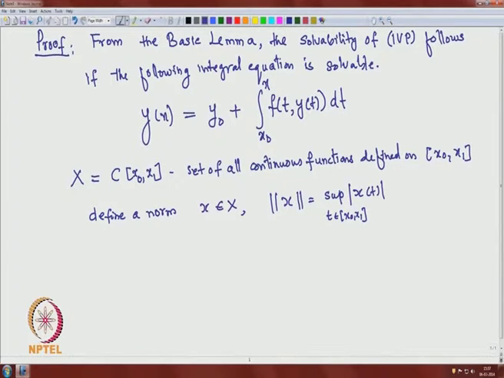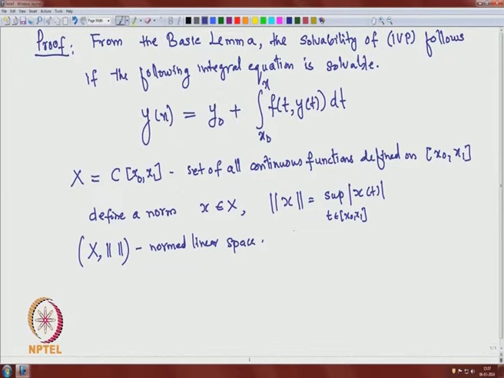Therefore, X with this norm is a normed linear space, and also it is complete. Every Cauchy sequence in X with respect to this norm converges to a limit inside.